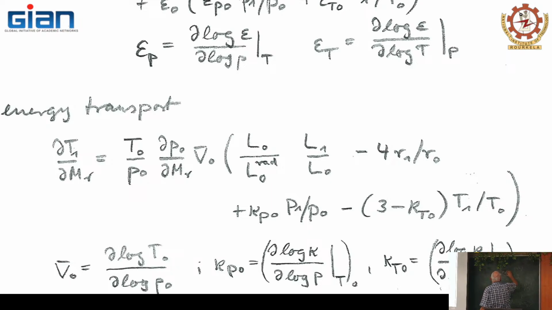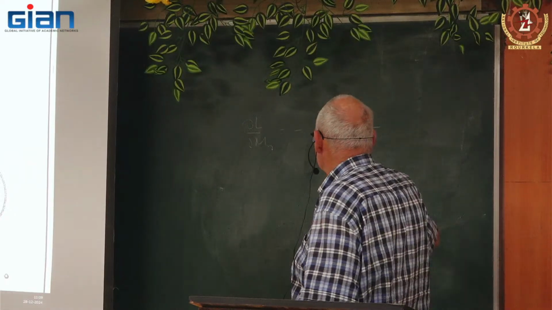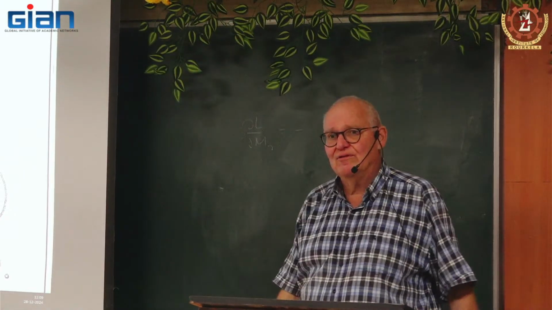If I may remind you how the terms on the right-hand side of the energy transport equation look: dL by dm r is something like minus. There is an L here, and there is a 1 over T cubed. There is a 1 over kappa here. What else is left? There is a 1 over r to the 4th left here.